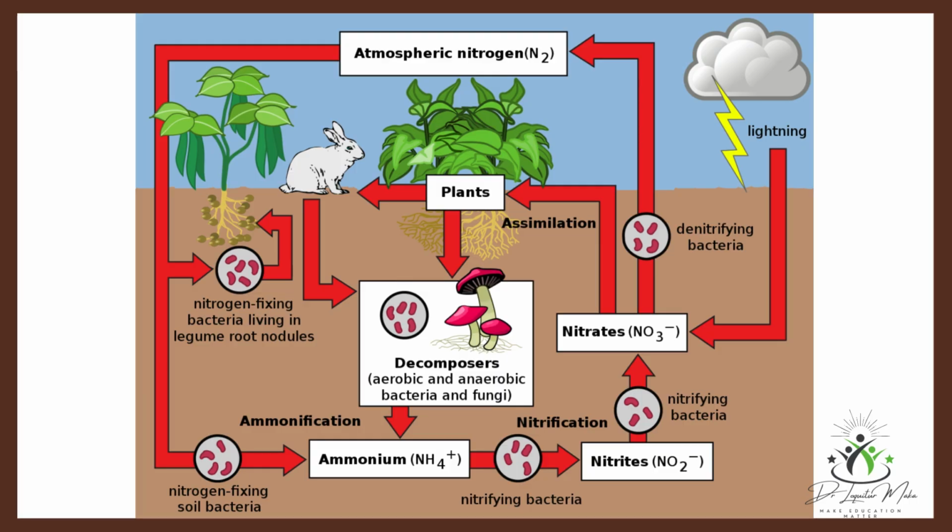And again, the nitrates and nitrites are released into the soil, which helps to enrich the soil with the necessary nutrients. Right. So in terms of the nitrogen cycle, let's hold it there.